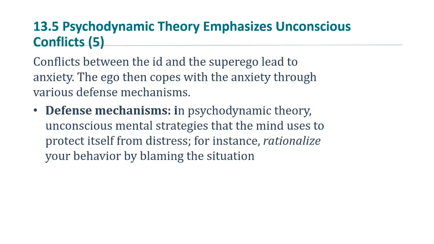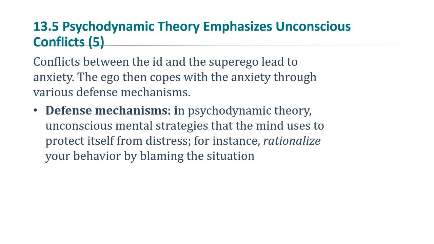Conflicts between the id and the superego lead to anxiety. The id wants to party. Maybe that's a simplistic way to put it, but imagine you have a test tomorrow, but there's this great party tonight, and there's somebody there that you're attracted to, you just love to go to this party.